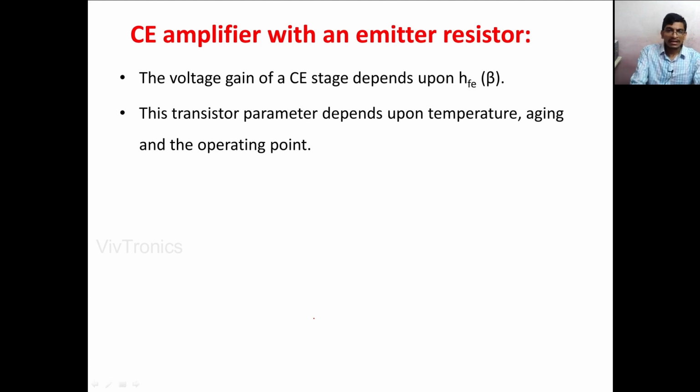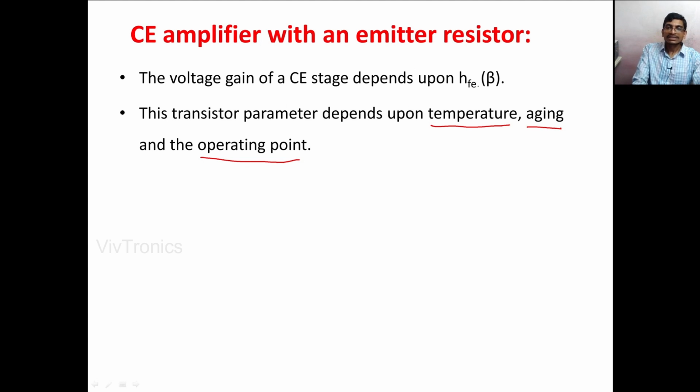So the transistor parameters like HFE, HRE all vary with temperature as well as aging. If we use the transistor for a long time, it may have an aging effect, and the operating point may also change with the applied DC voltages.